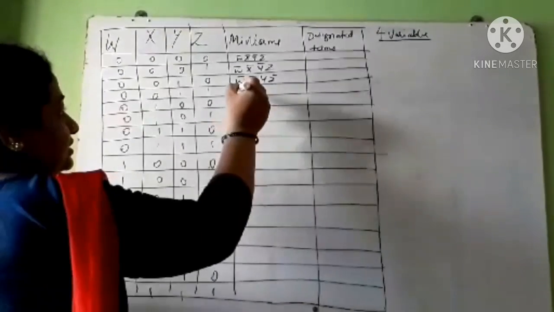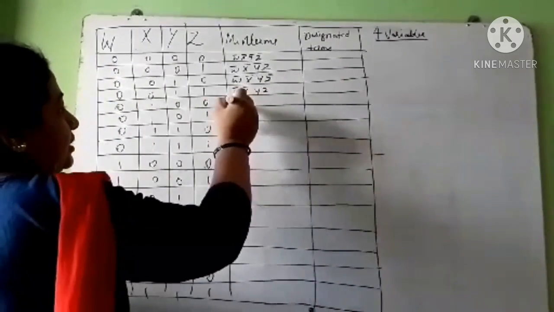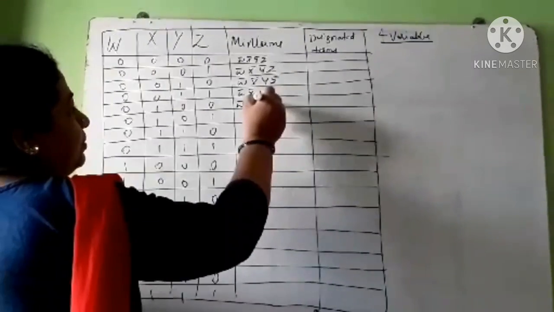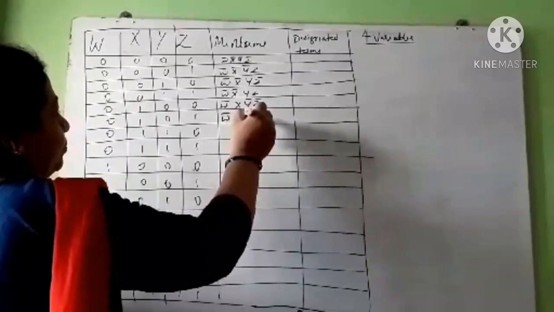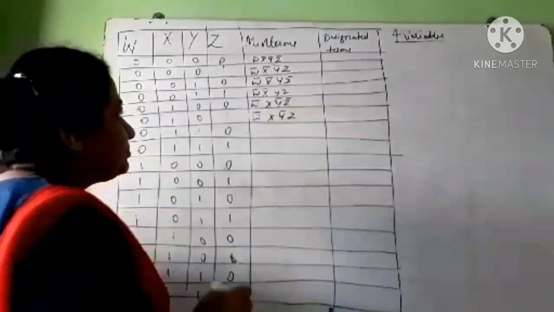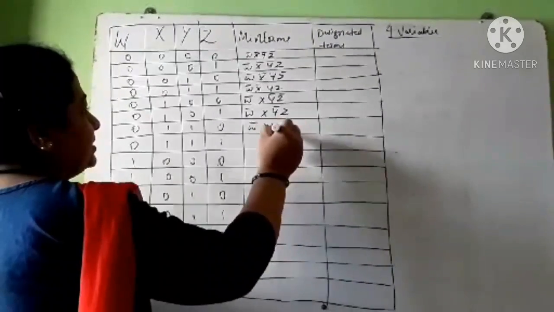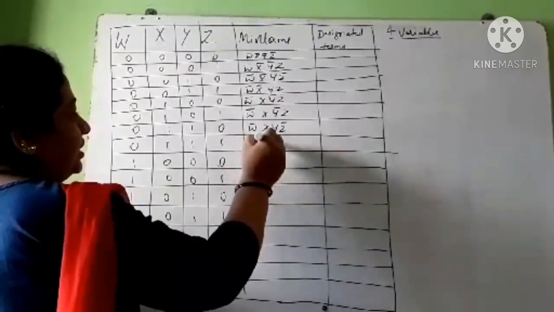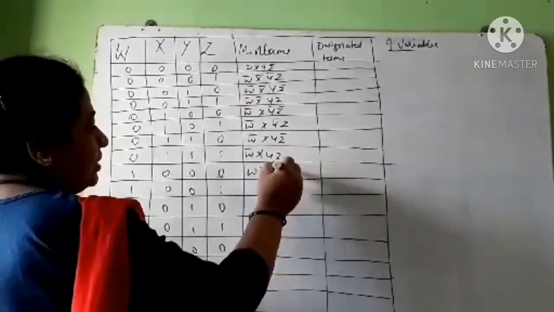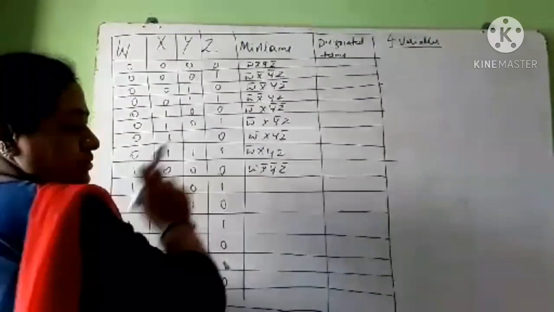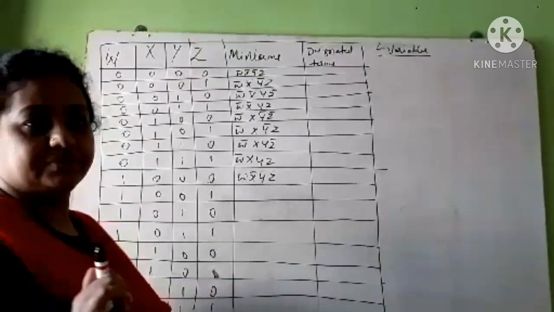Similarly, you can write: W bar, X bar, Y, Z; W bar, X, Y bar, Z bar; W bar, X, Y bar, Z; W bar, X, Y, Z bar; W bar, X, Y, Z; W, X bar, Y bar, Z bar. Wherever there is 0, write it with a complement.